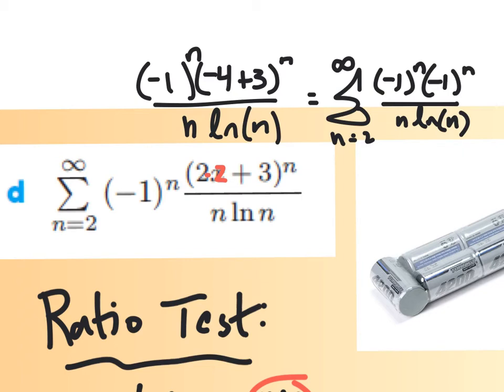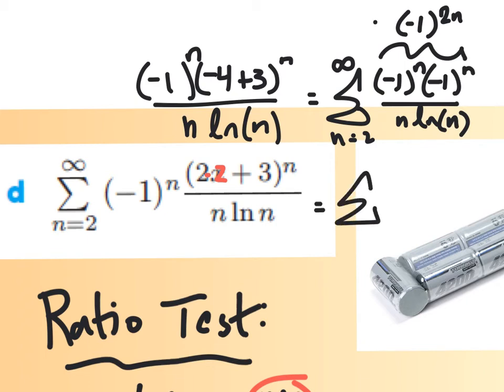We want to be careful with this, because if you have two alternators and they both have the same power, technically this is equal to negative 1 to the 2n, and an even power will always make that positive. So technically this is going to be equal to 1 to the nth, or just always 1. So we're going to get 1 over n natural log of n.